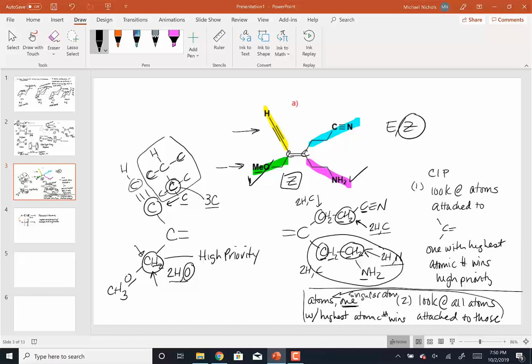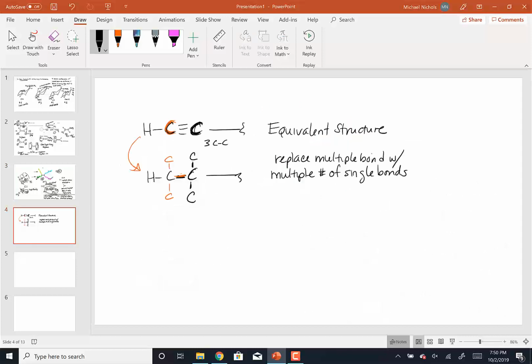So you keep going until you find a point of difference. Let's go back to the equivalent structures. On that molecule there was a C triple bond N. What would be the equivalent structure of the C triple bond N?